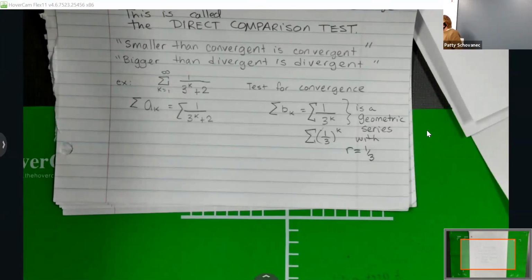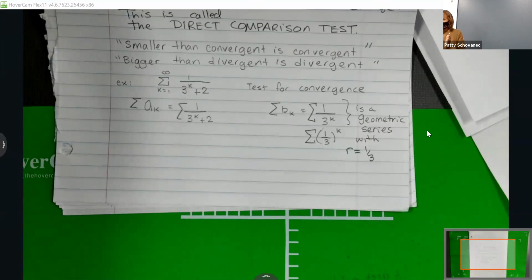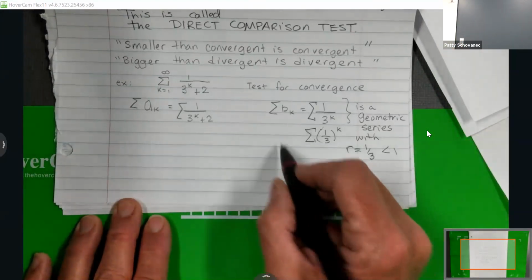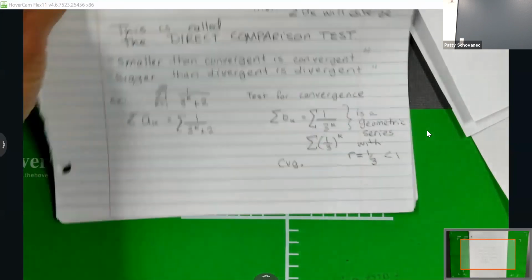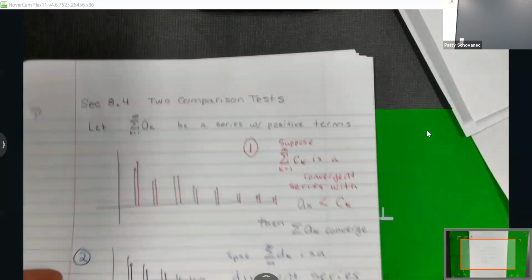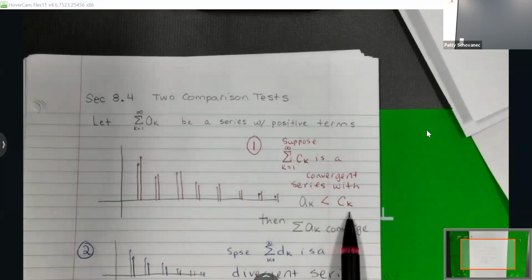Do those kind of things converge or diverge? Converges. A geometric series converges if the multiplier in absolute value is smaller than 1. So my b_k's converge. Now what I want to know is, is my given series going to be smaller than my convergent series?